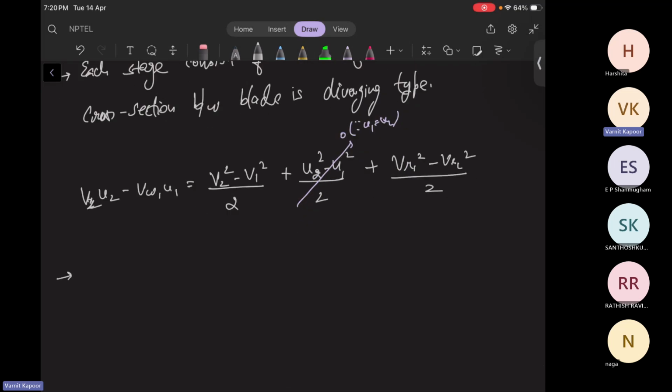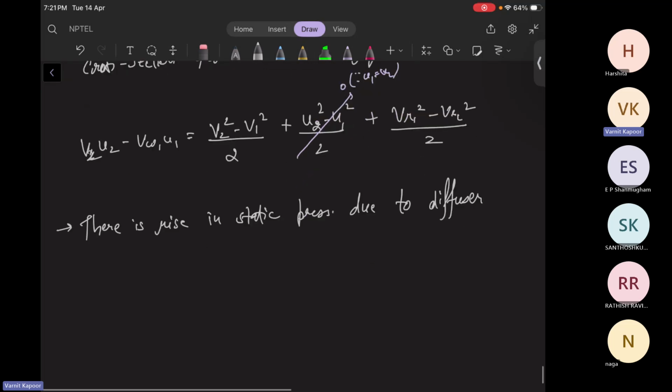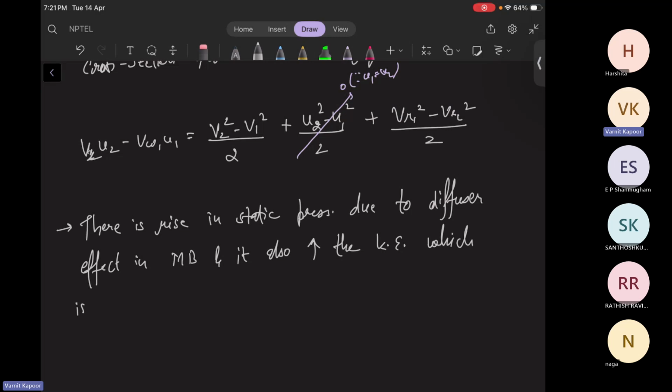Let me write the point. There is a rise in static pressure due to the diffuser effect in the moving blades, and it also increases the kinetic energy, which is further converted into pressure rise in the fixed blade.